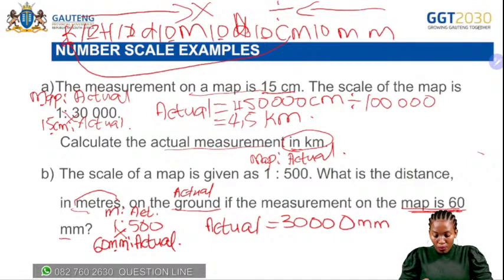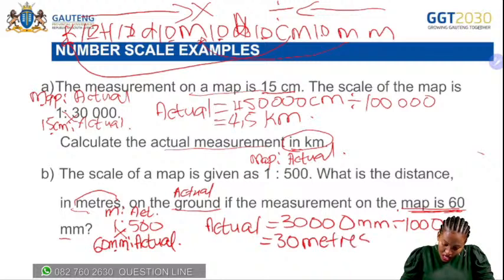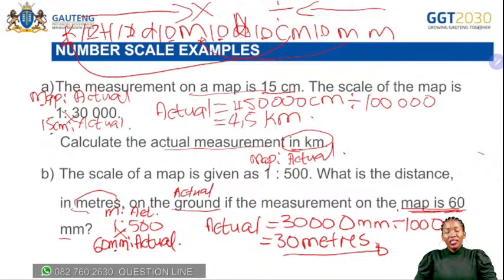You know that from millimeters to meters, you are going back. And since we are going back, it means we are going to divide. And what is the conversion factor in between? It's 1, 2, 3. Meaning the conversion factor is 1,000. 1 and 3 zeros. So 30,000,000 divided by 1,000 is 30,000 meters. So this is the actual distance in meters.